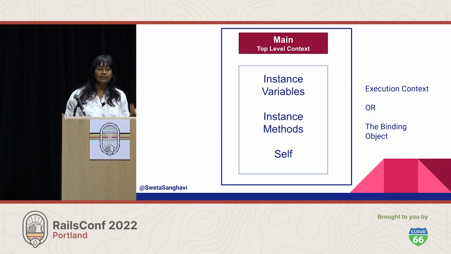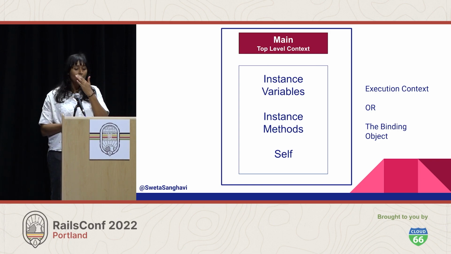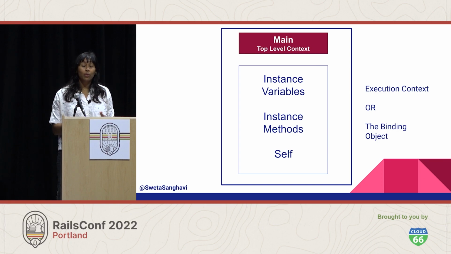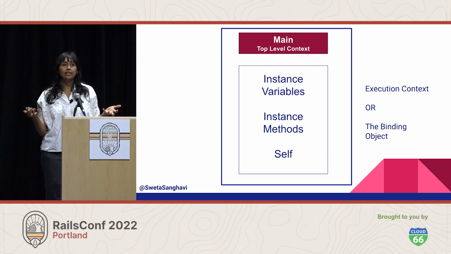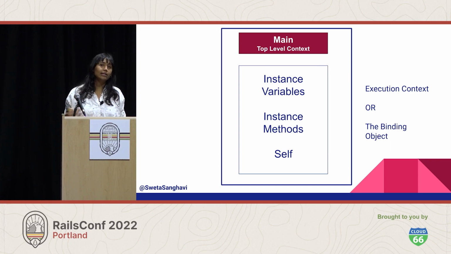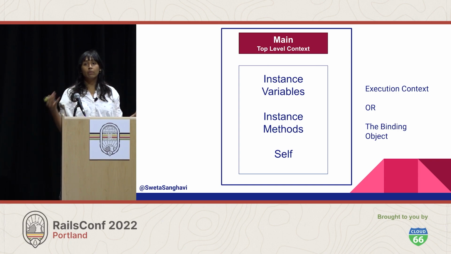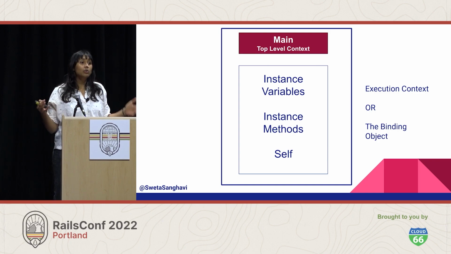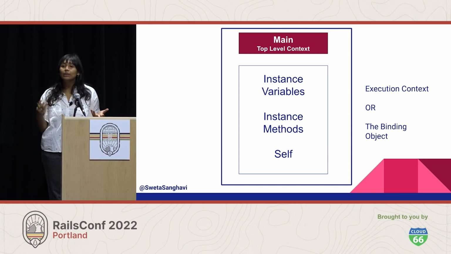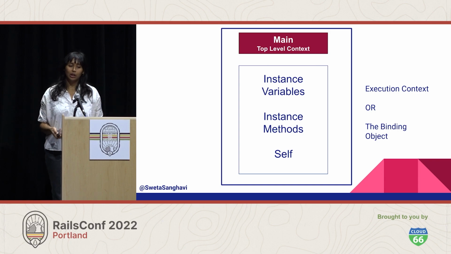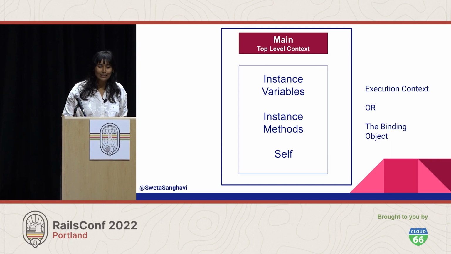We can actually pass the binding object as an argument, and so we can pass context around, which is how we're able to instantiate a subsession at a particular context, like we do when we call binding.irb, a debugging tool that you might be familiar with. So we can pass context around to allow us to evaluate code in that particular execution context.